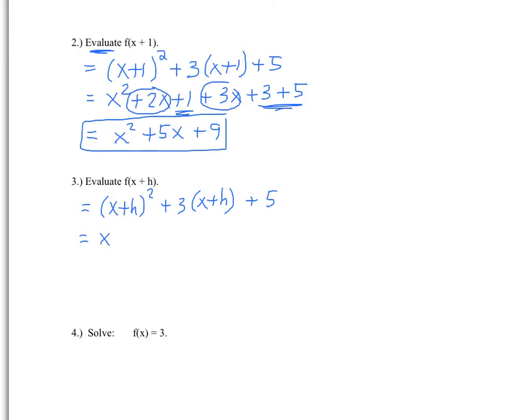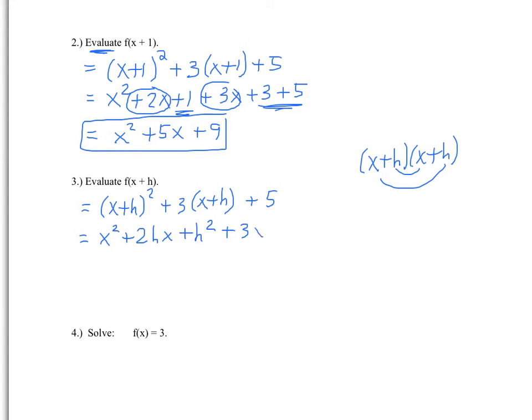So when we do our FOIL here, we're going to have x squared. Now off to the side, if you need to, write x plus h a couple times. The inner and the outer will give us 2hx. If you write 2xh, that's the same thing, that's fine, plus an h squared. So that's from doing FOIL on the first part.